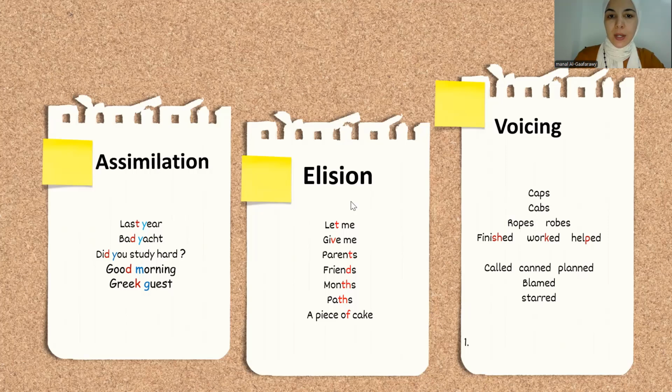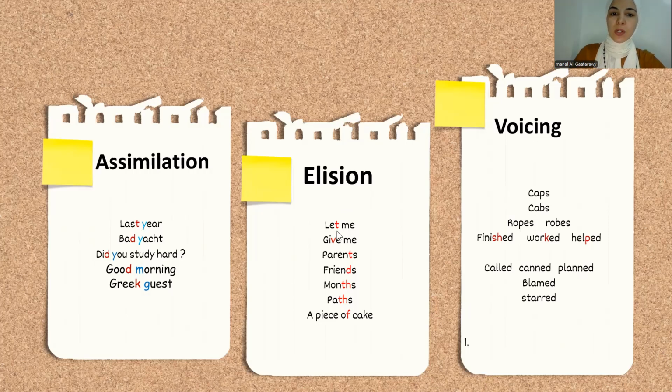So let's move on to the other feature, which is elision. Elision means deletion. There is a sound that is removed altogether from our speech. And this again presupposes that there is a consonant cluster at the borders of two syllables or two separate words, and the occurrence of these two consonants necessitates the dropping of one, which is the one at the end of the word.